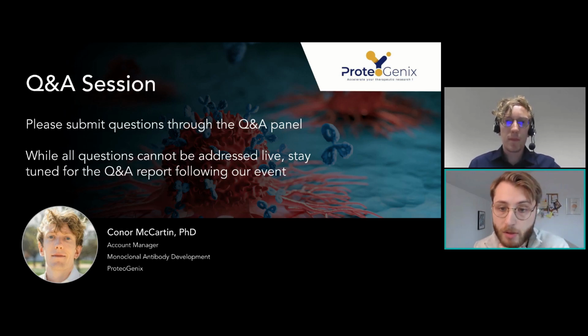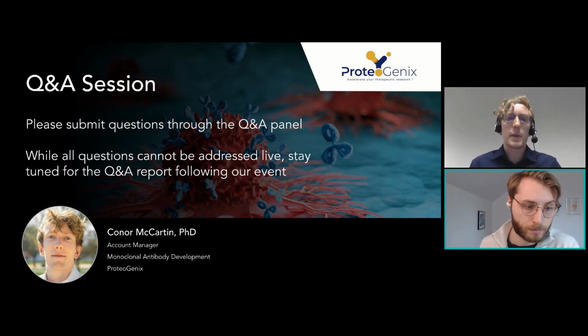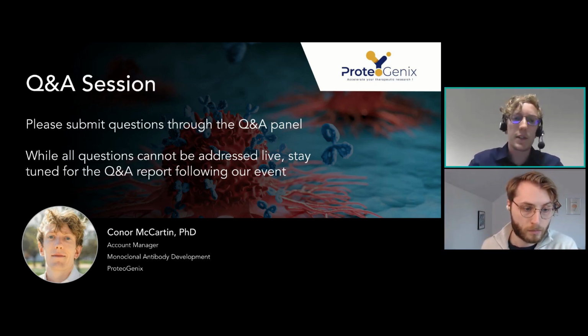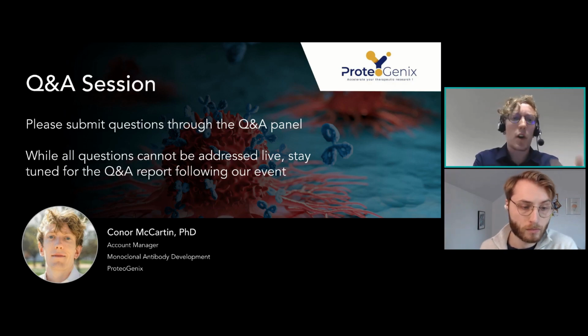All right, Conor, we'll jump in with a great question here. What are the benefits of using phage display to generate monoclonal antibodies compared to some other techniques? So indeed, in addition to the advantages that I talked about in the presentation about going directly to fully human antibodies and thus not having to humanize a mouse antibody, there are, of course, other advantages such as the ethical advantage of not having to use animals, the speed, as a phage display panning can be done rather quickly in 3 to 4 weeks.